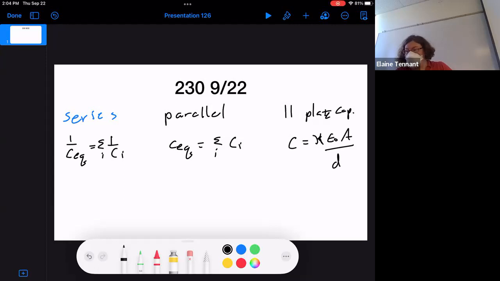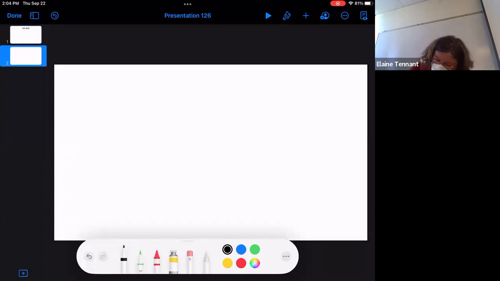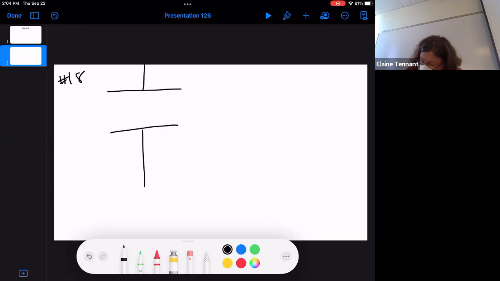So we have a situation where in number 18, they have this one parallel plate capacitor, but they have filled exactly half of it with a dielectric. So, things that we're told.